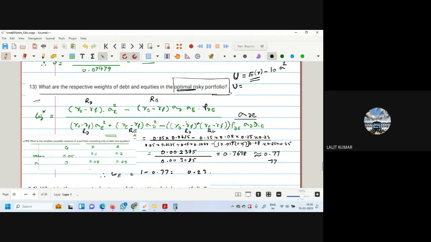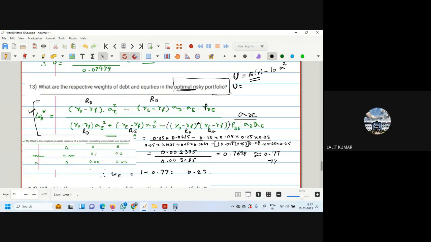So this is one formula, slightly complicated. Is that okay? Whenever they ask optimal risky, if you forget this formula also, you can do this question.